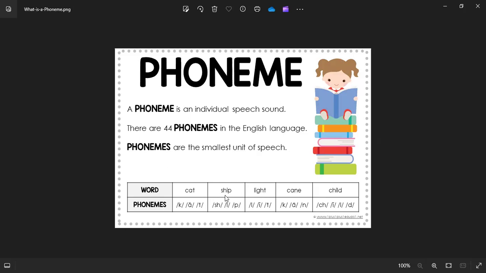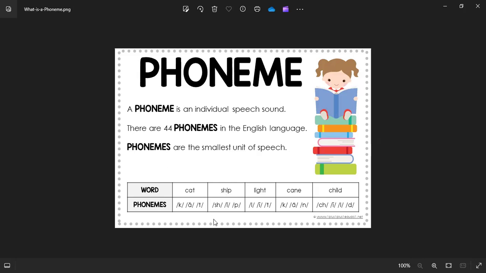The word is ship, but when I bifurcate this word, then I will do the writing presentation, which is called grapheme, and these all are phonemes. So this is actually called phoneme grapheme mapping.